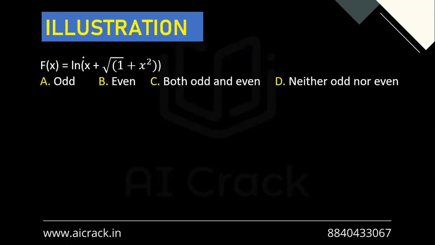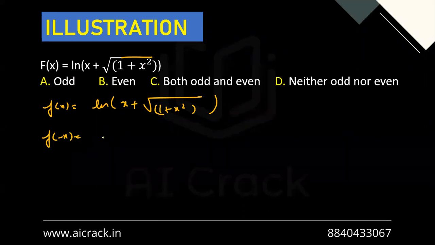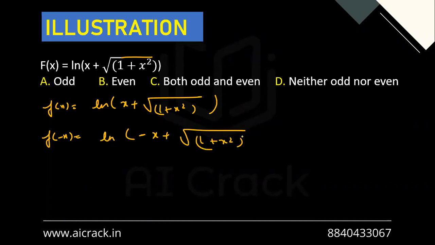Now let us look at one illustration. We have been given f(x) equals ln of x plus under root 1 plus x square. So this is the whole under root. Now the first step is to write f(-x), right? ln of minus x plus under root 1 plus x square. This stays the same because it's x square.